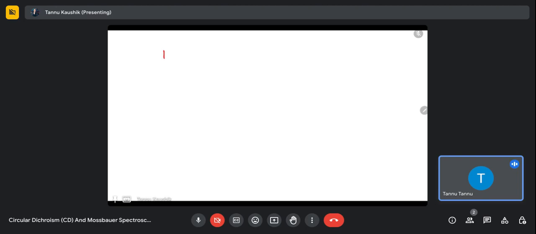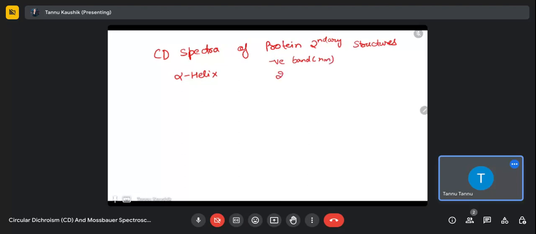So, writing these values for more clarity. CD spectra of protein secondary structures. So, alpha helix, we have negative band at 208 nanometer and 222 nanometer.